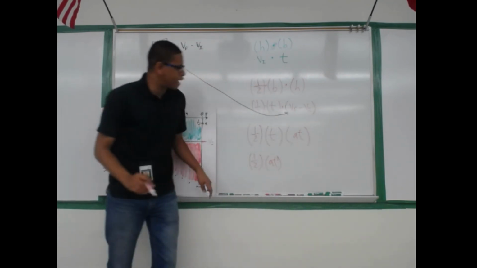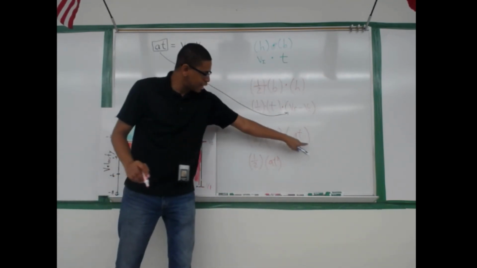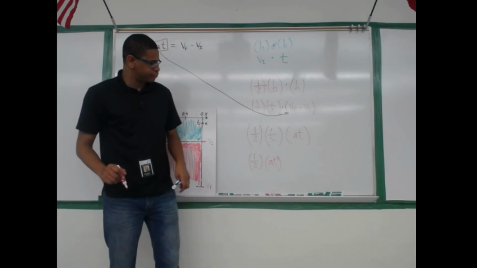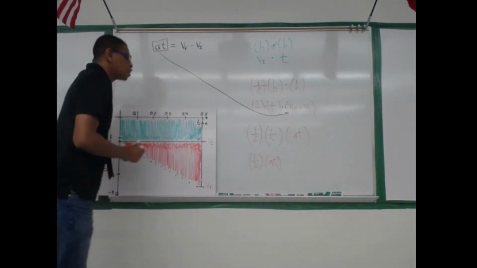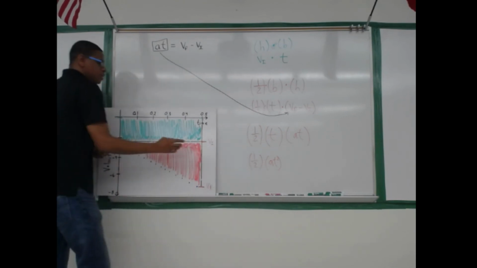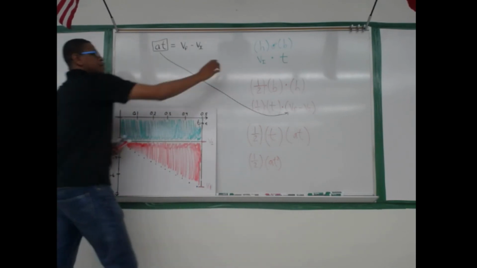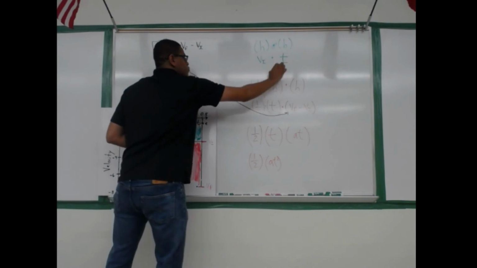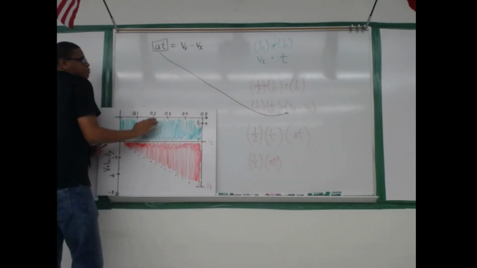Again, I just multiplied this t times that t to get t squared. So this whole thing here represents the area of my triangle, and this thing right here in green represents the area of my rectangle.